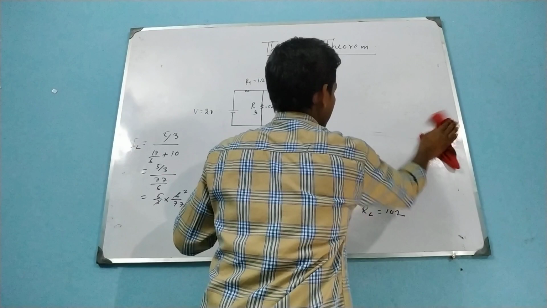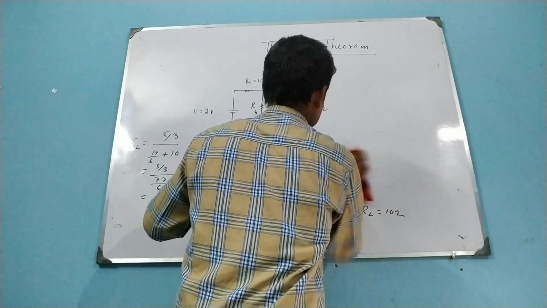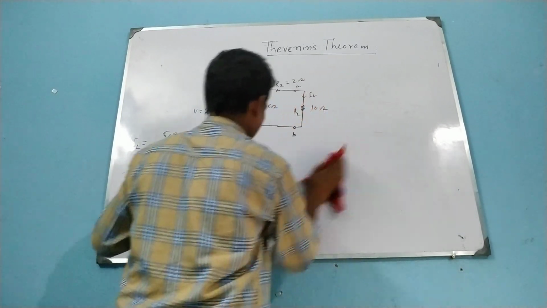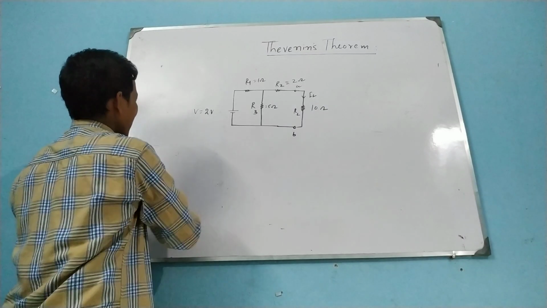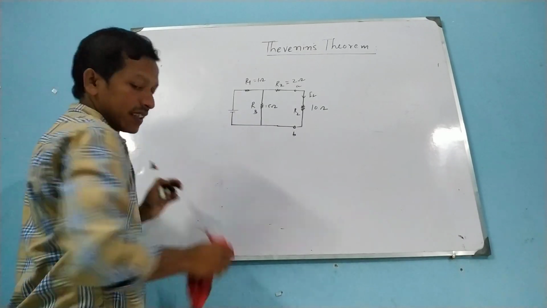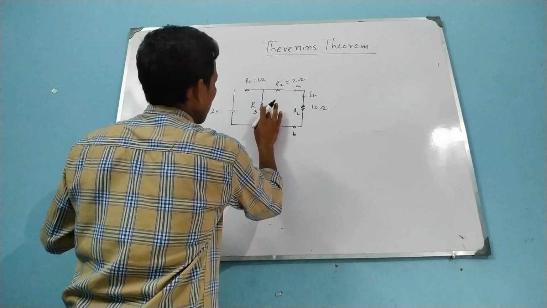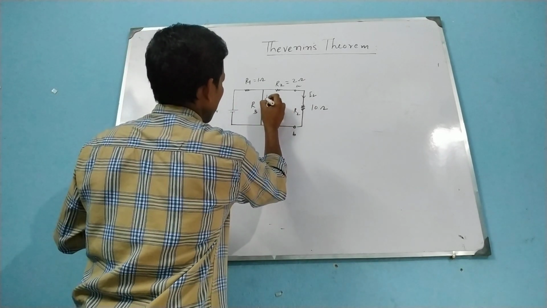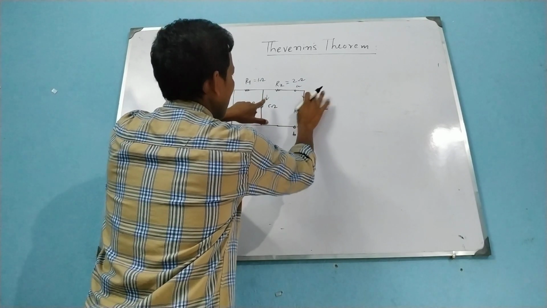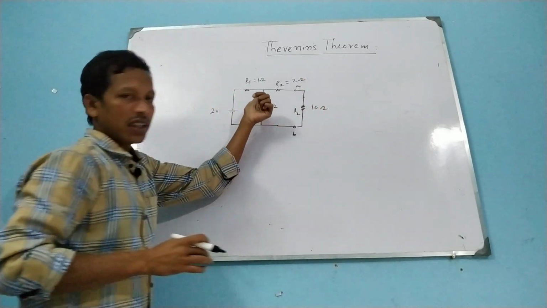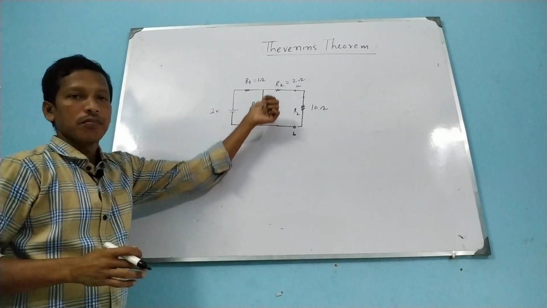Now, in the same circuit, I will calculate the current through the 5 ohm.